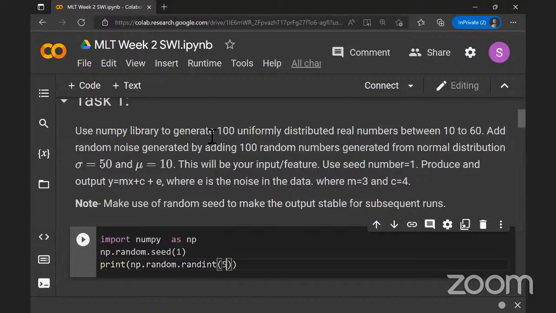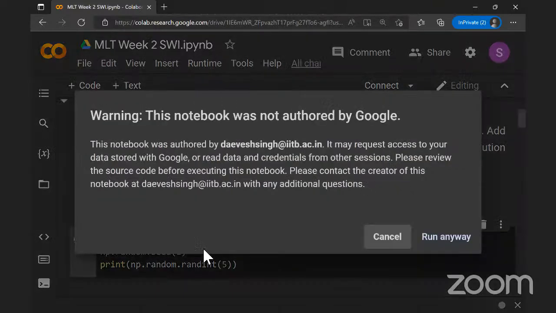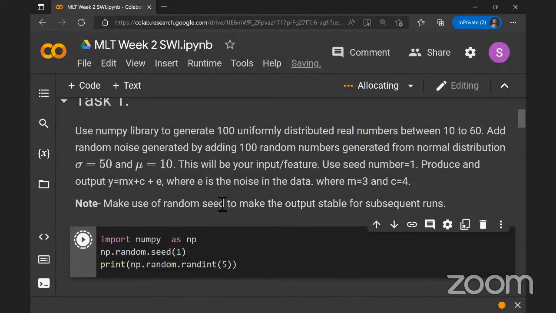So by this you can actually, yeah, something like this.